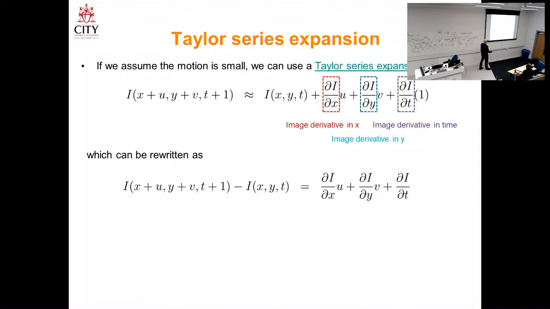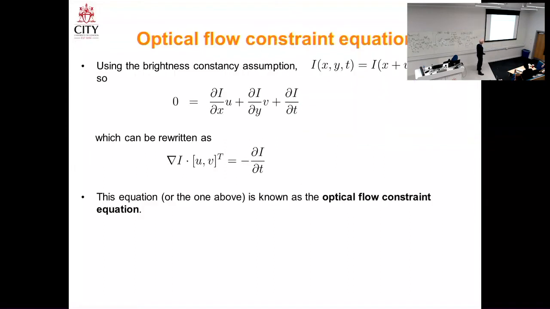Anyways, if we want to rewrite this, we can say the change in brightness equals this equation. I'm just taking this and bringing it over to the left side of the equation. If we assume brightness constancy, then the brightness hasn't changed when I compensate for the motion.